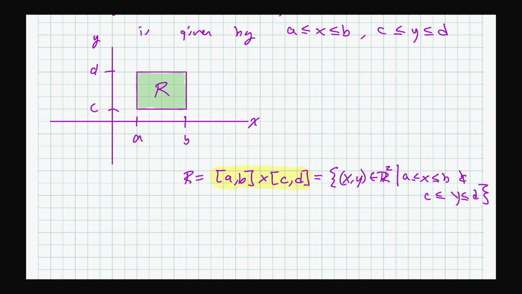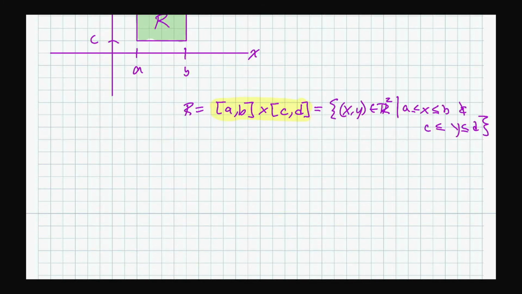This is the definition of a Cartesian product. A Cartesian product is an ordered pair, where you get the first element from the first set and the second element from the second set. So this is called a Cartesian product.